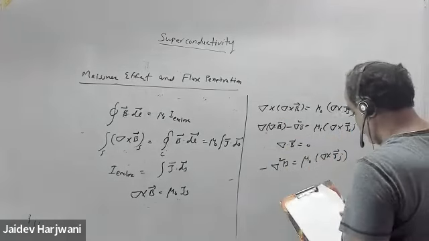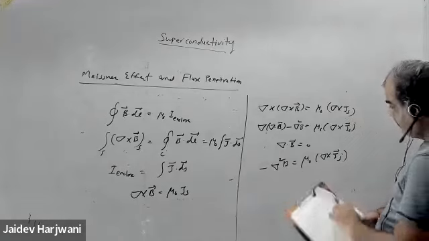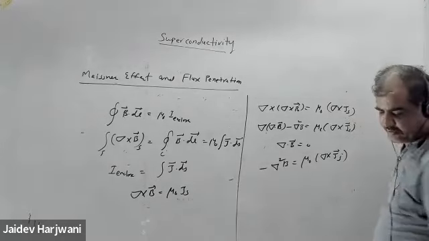We already know del cross Js from the second London equation.